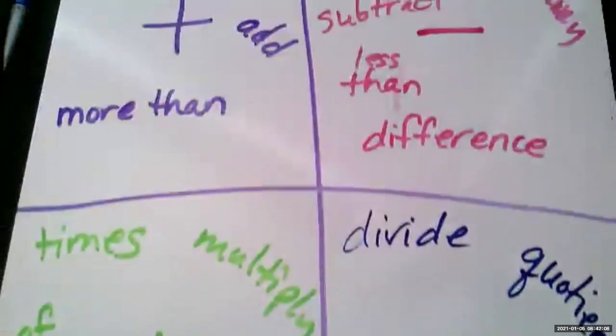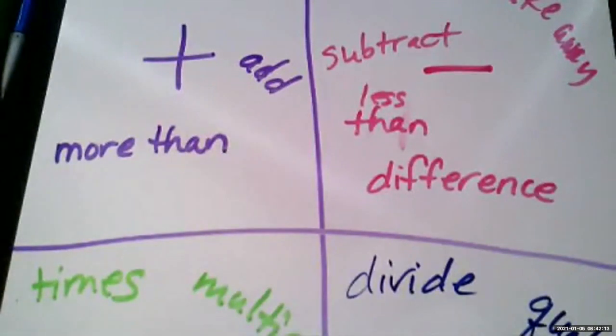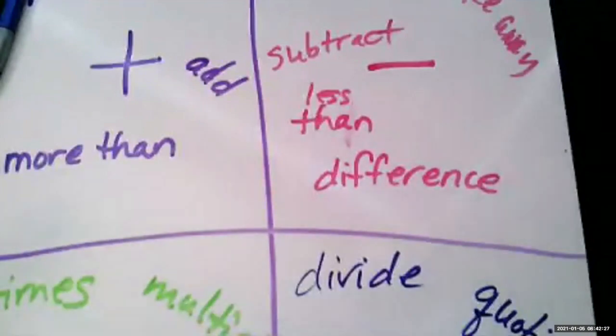We're going to use some of these words to actually write some numerical expressions. And what I mean by numerical expressions is just using numbers to actually make a problem, to write a problem.